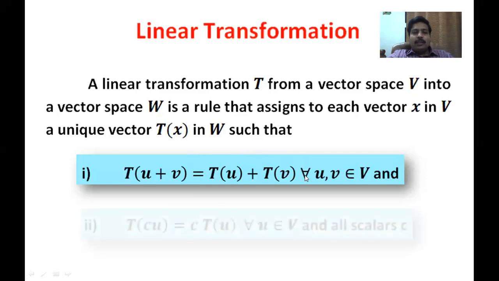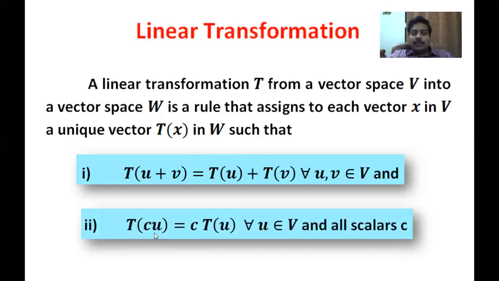Similarly, this is the second rule. T of cU is equal to c times T of U. So if one TV is 20,000, if you purchase five TVs, that should be 1 lakh. No rebate should be given to you. In such a case, we can call it a linear transformation.